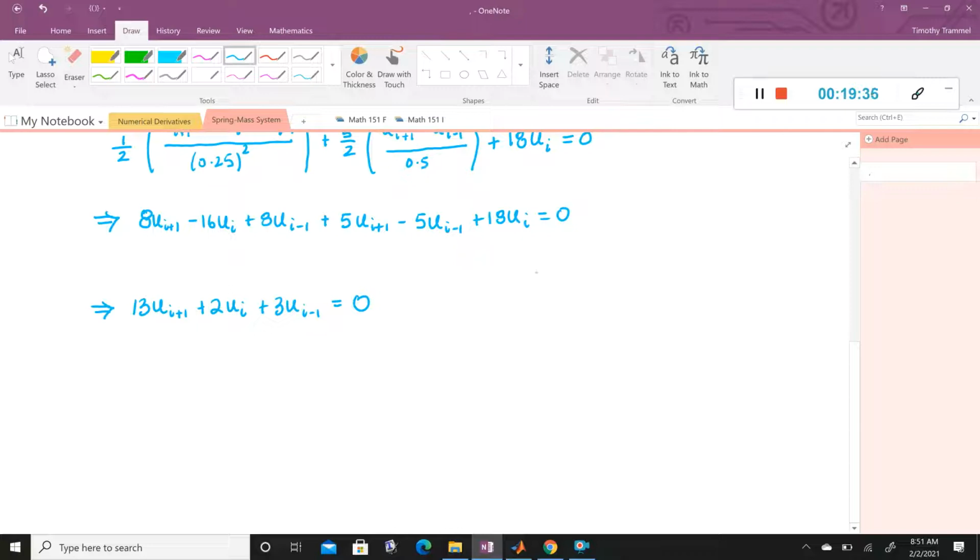Because when we usually make a matrix, you'd have x1, x2, x3 going in order, and right now we're going in descending order rather than ascending. So if we just rewrite this as 3 u sub I minus 1 plus 2 u sub I plus 13 u sub I plus 1 equal to 0, this will now be easier to write as a system.